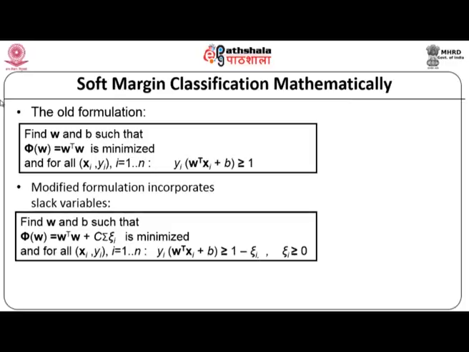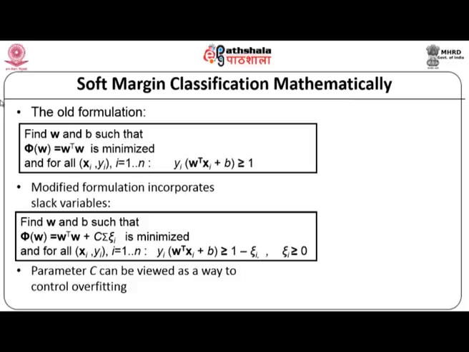So, find w and b such that phi(w) = w^T w plus C times the sum of eta i is minimized. We will talk about the C again in the next module. And for all xi and yi, where i is 1 to n, we want yi(w^T xi + b) to be greater than or equal to 1 minus eta i, whereas before we had greater than or equal to 1. Now we are introducing the term minus eta i, where eta i is greater than or equal to 0.